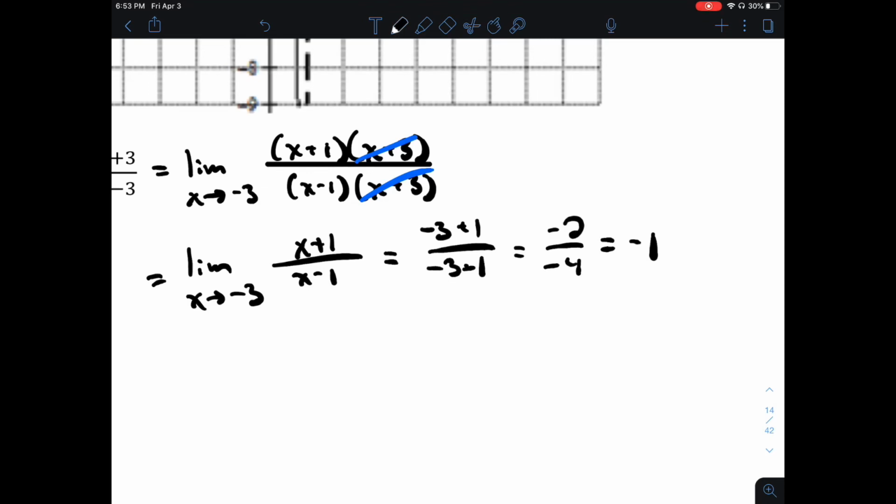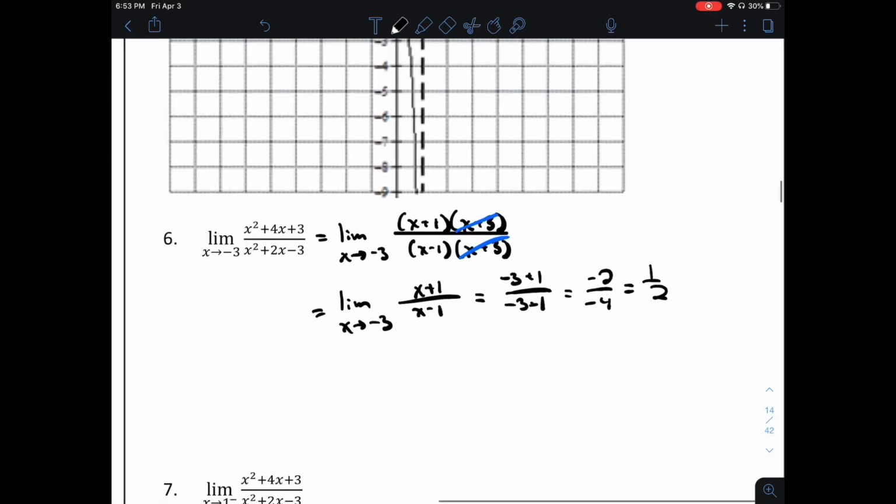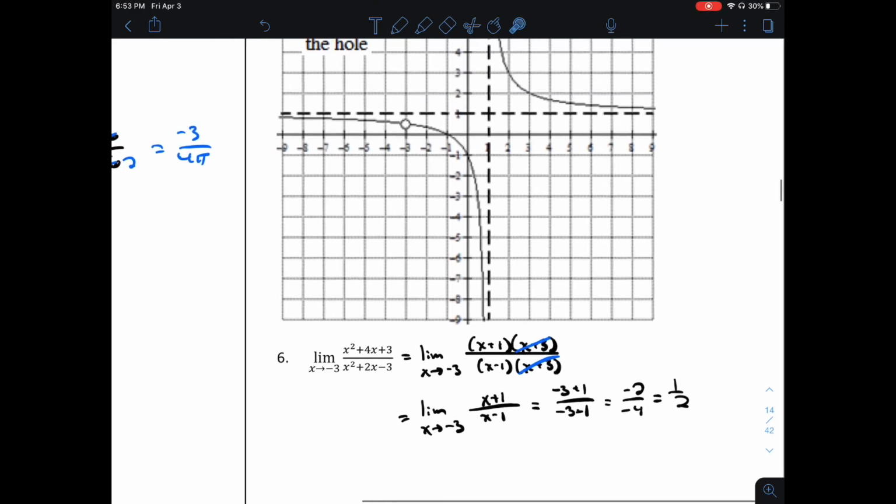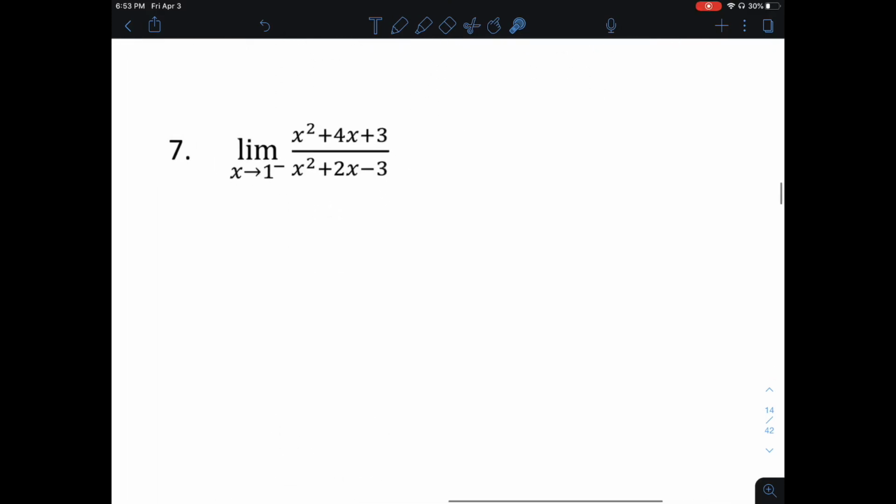That would make this negative 2 over a negative 4, and that's going to be 1/2. So what's the limit as x approaches negative 3? It's 1/2. And our graph verifies that. If we approach negative 3 from the left or the right, it's approaching the same number. It appeared to be 1/2. Algebraically, we just showed, boom, it is 1/2.